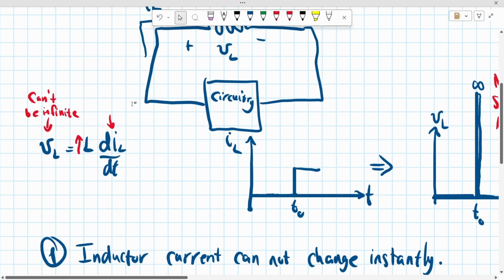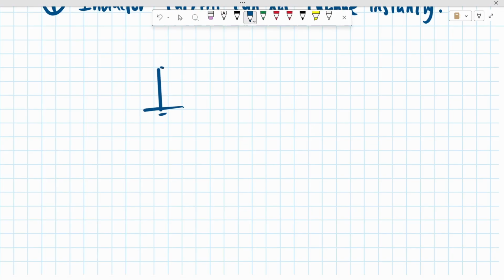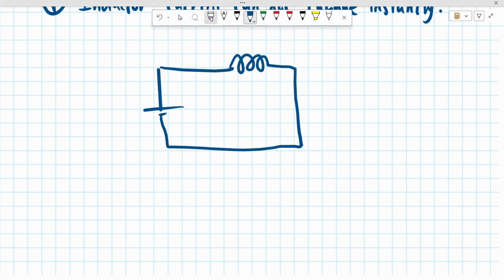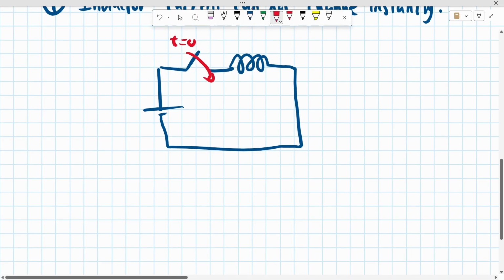Second thing we can deduce is that, why not connect this inductor to some voltage source like this? What's the problem of having this inductor connected like this? Let's say we have a switch here, and we decided to close this switch at t equals 0.